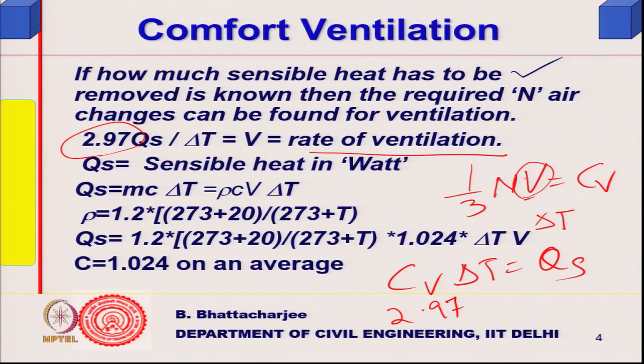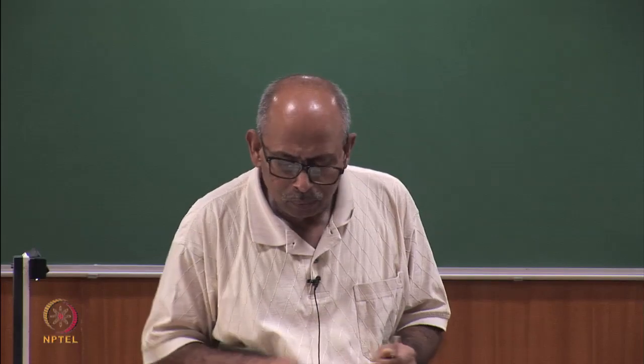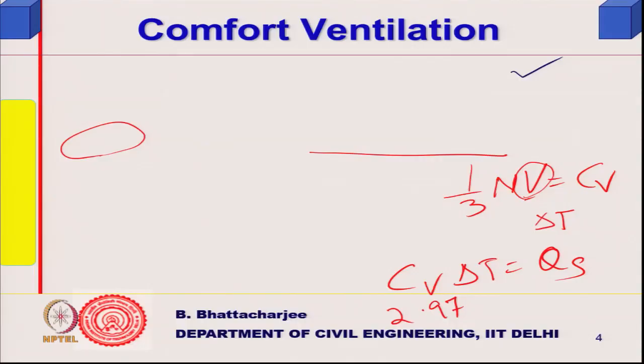If I express it as the number of air changes into the volume of the room, but if it is in meter cube per second, if we go back to our original equation, how did you get this CV? Basically we said N is the number of air changes per hour, V is the volume of the room.